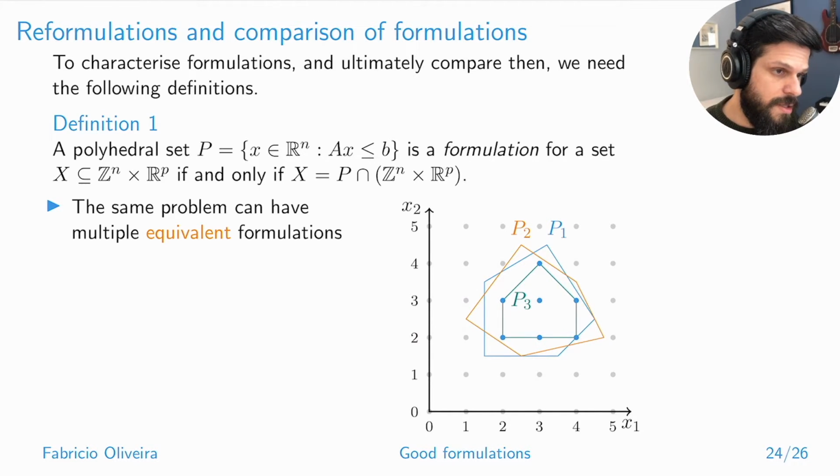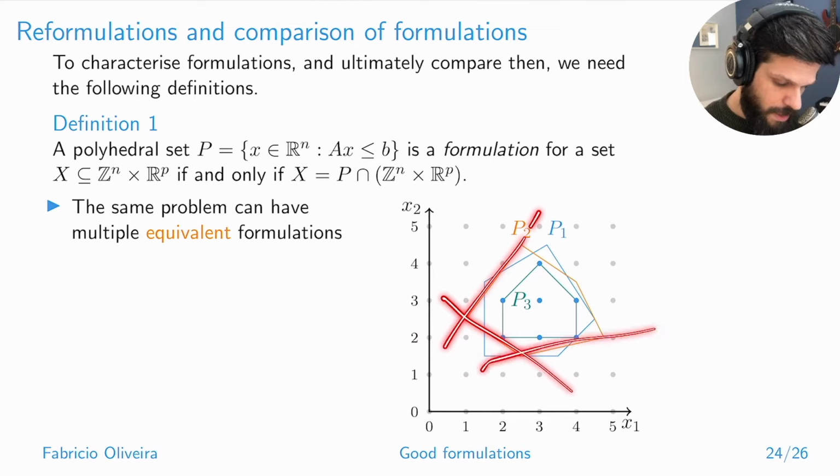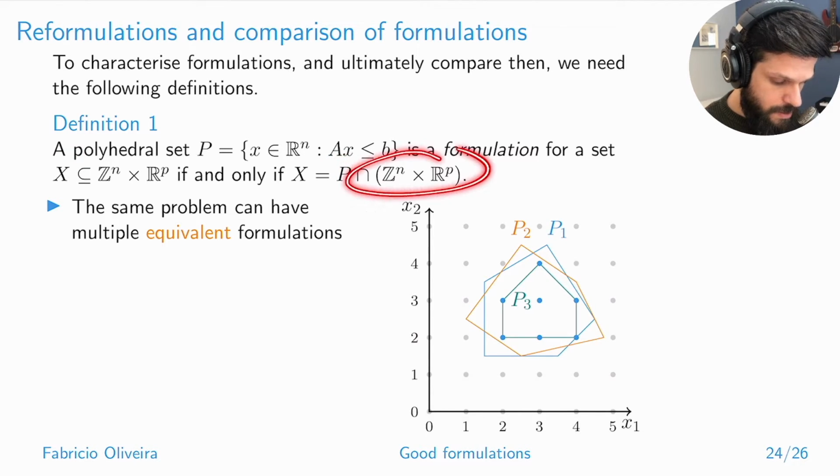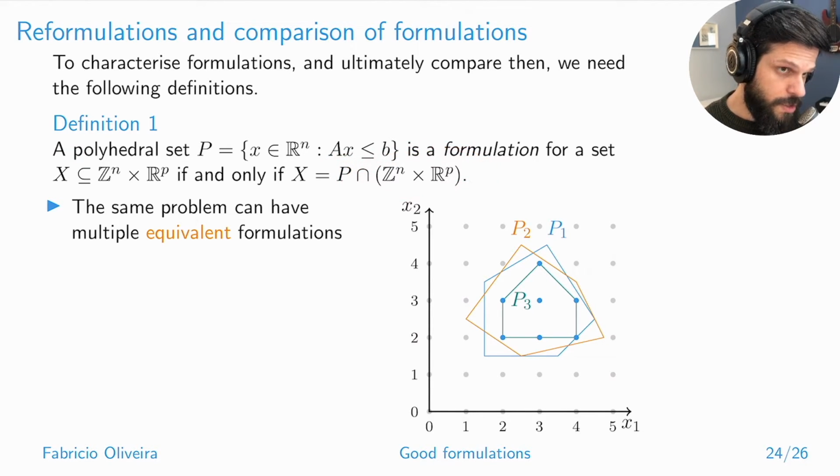So what you can see here is that there are 3 alternative formulations, which are polyhedral sets composed by a collection of constraints, and they all are formulations for my set X, because the intersection of the polyhedron and the original domain returns me the points that are in the set X.